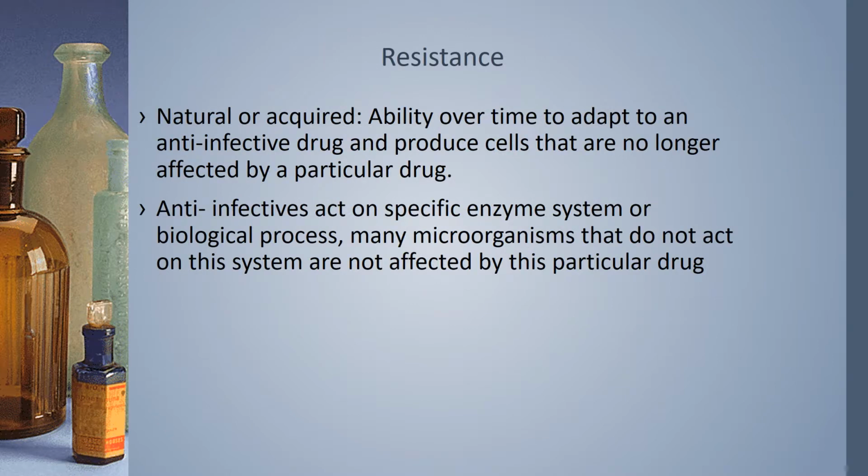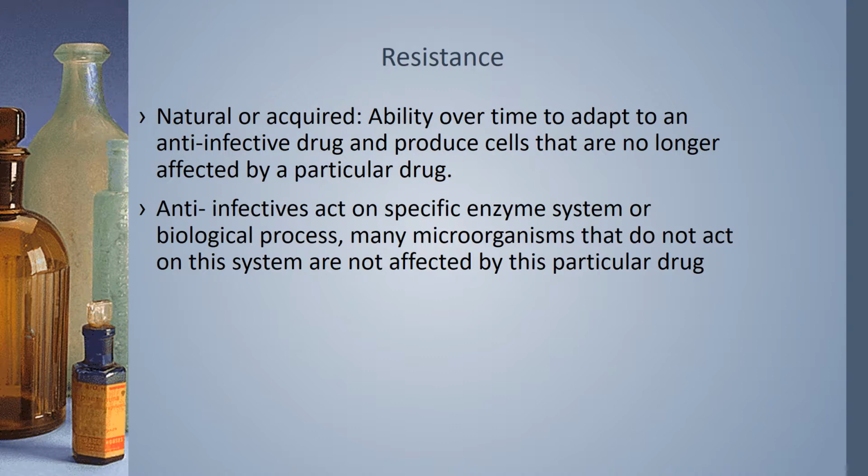So we see a couple of different types of resistance take place: natural or acquired resistance. That is the ability over time to adapt to an anti-infective drug and produce cells that are no longer affected by that particular drug. There can be some natural resistance where our body already has a resistance to certain anti-infectives.